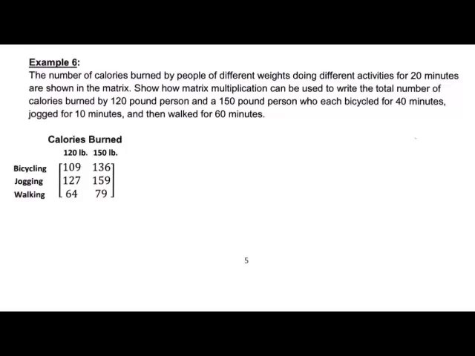So again, let's go back to our problem, figure out what information we have. Notice we have our matrix here. We have the calories burned for each weight of people, and then we have our 3 different activities. Now remember, they're doing each activity for 20 minutes. So if they're biking for 40 minutes, that would be 2, because 20 times 2 is 40.